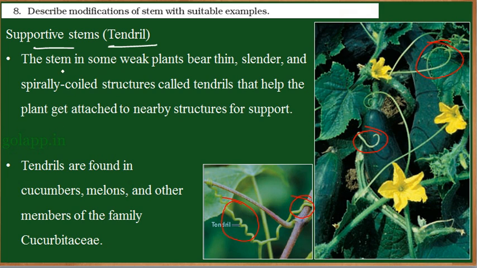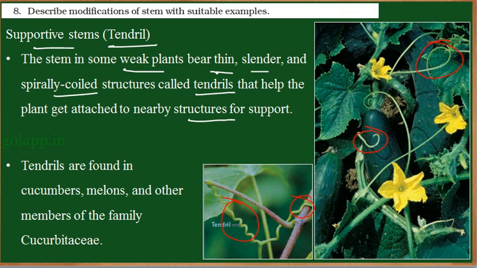In certain plants the stem is very weak, thin and slender, and these plants do not get support directly. They have thin, slender, spirally coiled structures called tendrils. These tendrils attach themselves to a nearby structure to get support. So these structures are called tendrils.